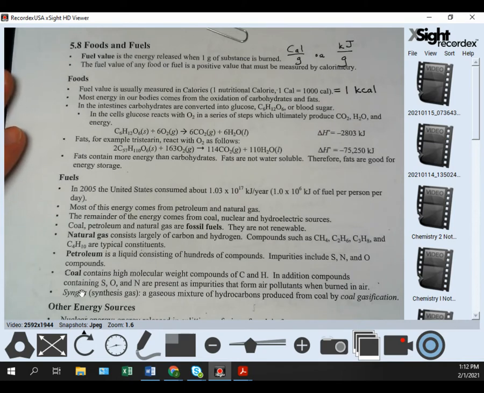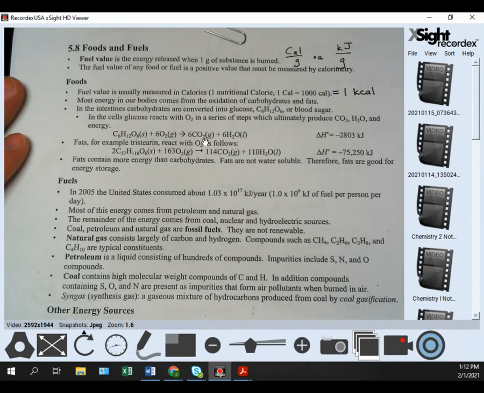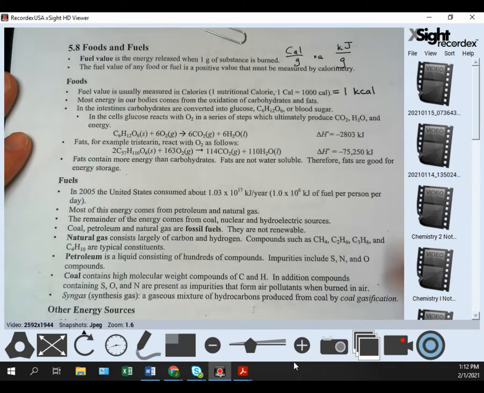In addition, compounds containing sulfur, oxygen, and nitrogen are present as impurities that form air pollutants when burned in air. So when you think about combusting, if it were a perfect combustion equation, all you would get from it is carbon dioxide and water. But we know that's not true with some of these fossil fuels.